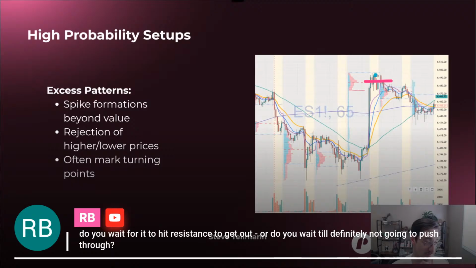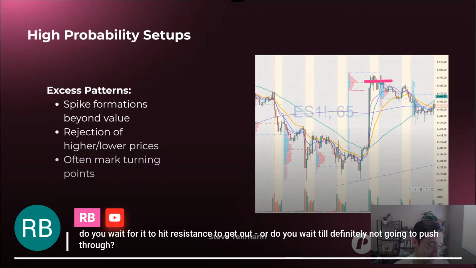So for this one in particular, if we are waiting for a confirmation on the loss of point of control, it would look like this: failing to push higher, then surging back down, and then back testing right there. Back testing and failing. So that would be the clean entry.